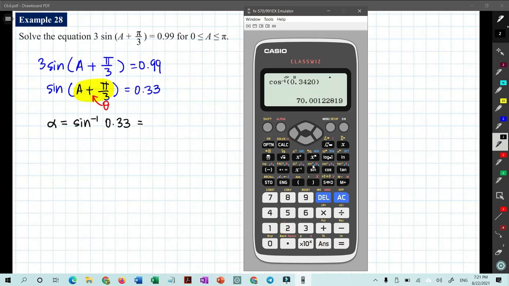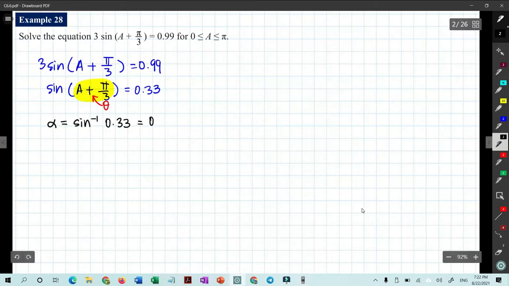Now we can press shift sine 0.33, and the answer is 0.3363 radian. We write the answer correct to 4 decimal places. Based on the equation that we get here, sine is positive.